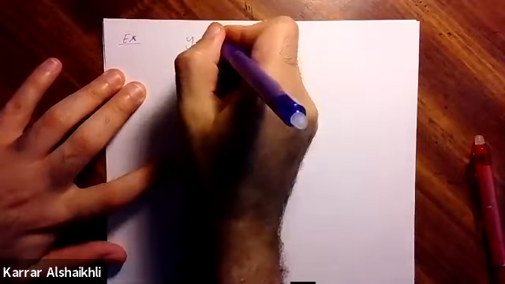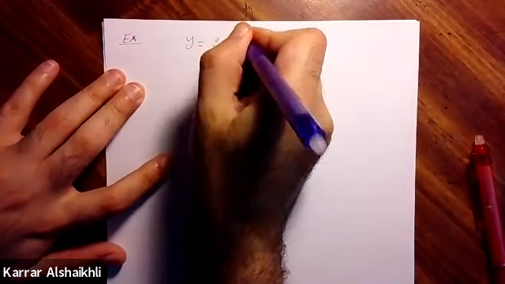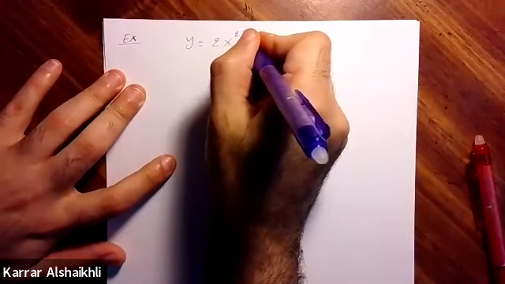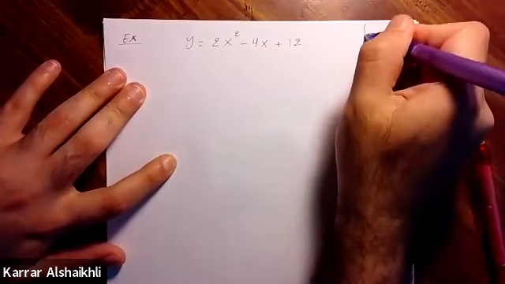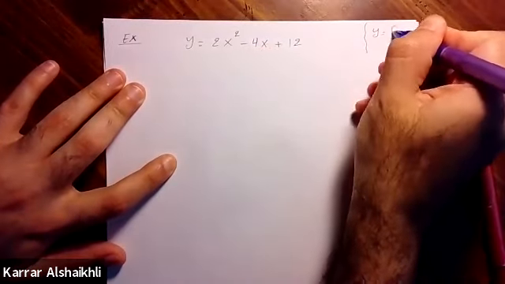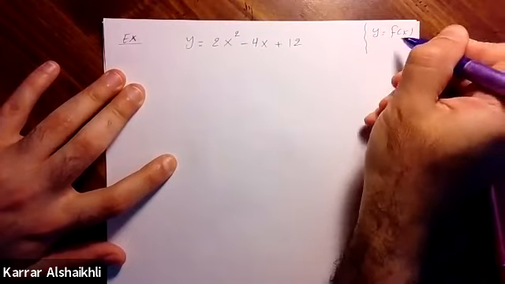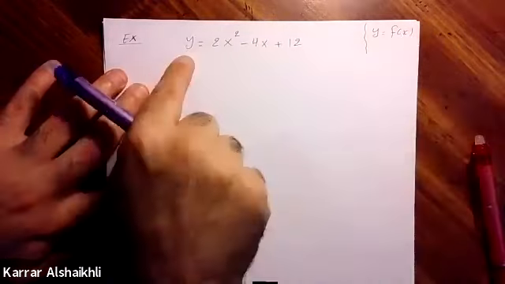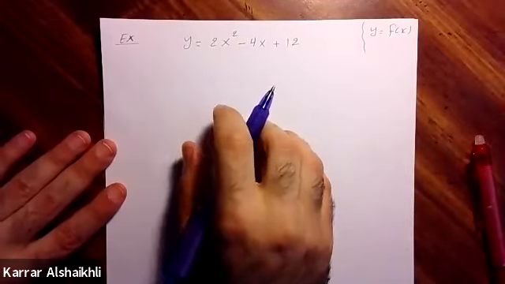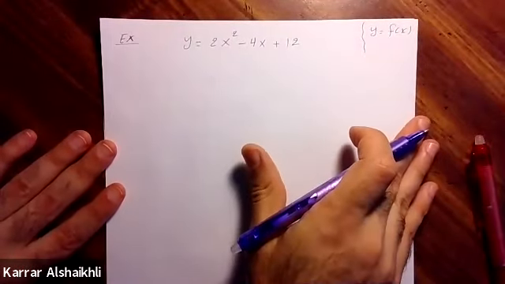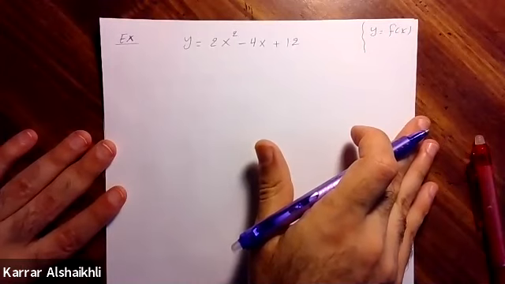Y equal 2x squared minus 4x plus 12. Because always keep in your mind, y is the same thing as f of x. So if they're telling you f of x here, if they're telling you y, it is the same thing. We need to find the vertex point.